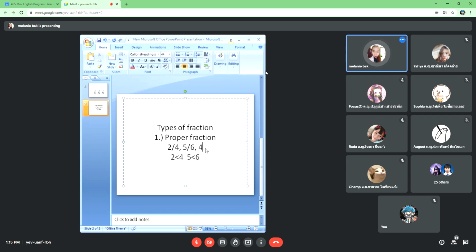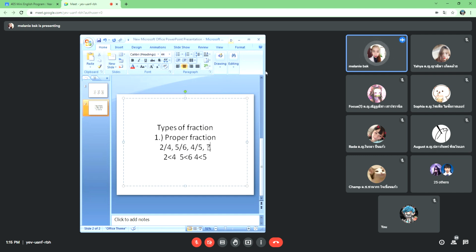How about 4 over 5? Is this a proper fraction, children? Yes, it is, because 4 is less than 5. How about, what if I write like this, 7 over 6? Is this a proper fraction? No, it is not a proper fraction.